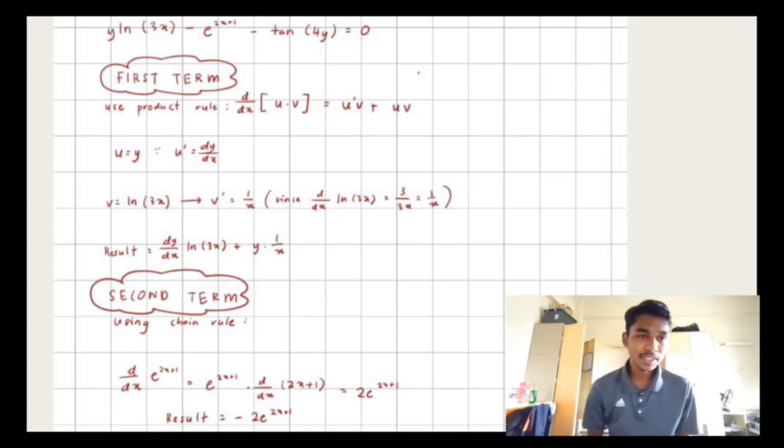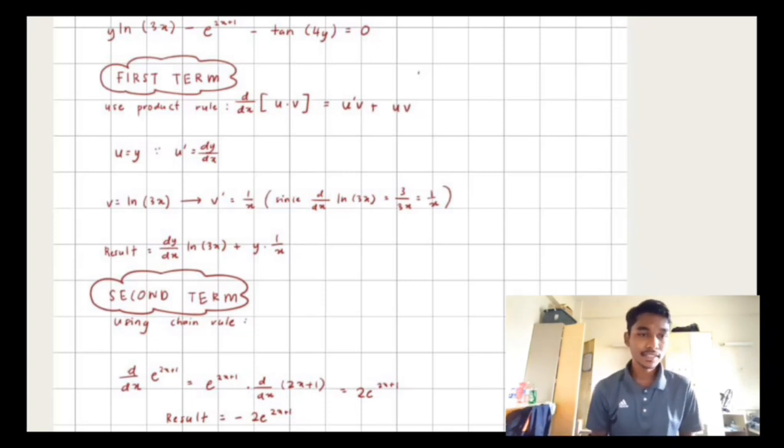For the first term, y ln 3x, I will use the product rule, which is u prime times v plus u times v prime. So u equals y and u prime equals dy/dx, v equals ln 3x, and v prime equals 1 over x. The result is dy/dx ln 3x plus y over x.